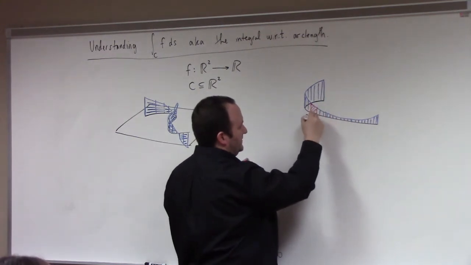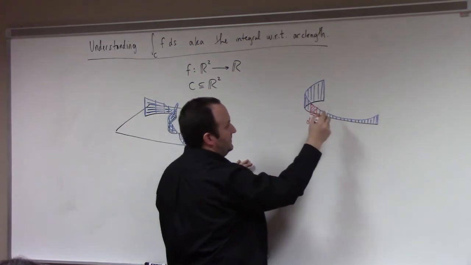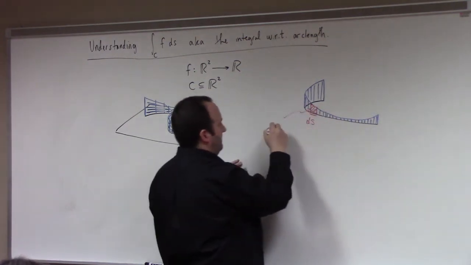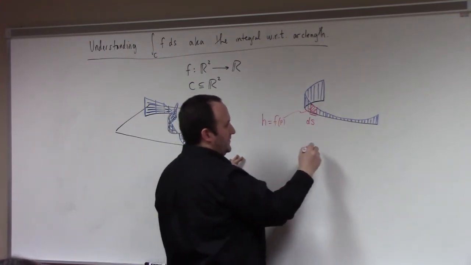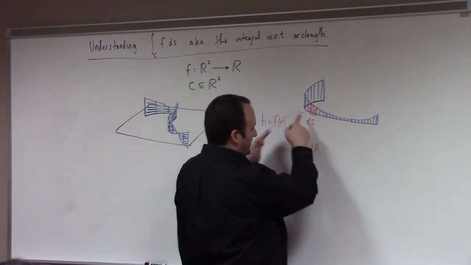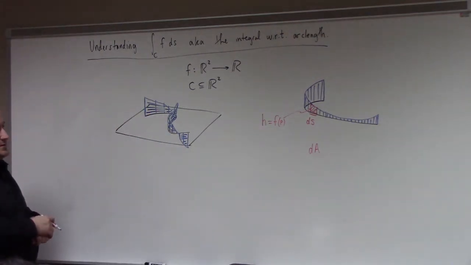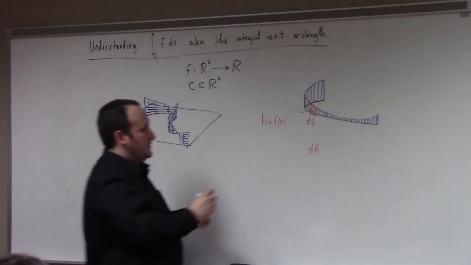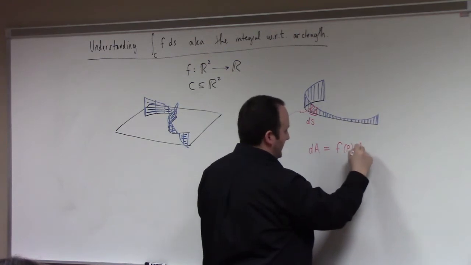This length would be what we call ds, the arc length. And what would the height be? Basically just f of the point. So the little bit of area from that little infinitesimal sliver of this tent, the little dA there, would be the value of the function at that point times ds.